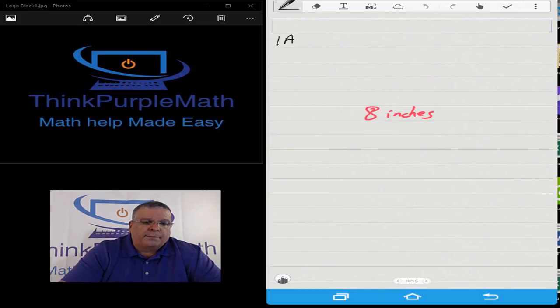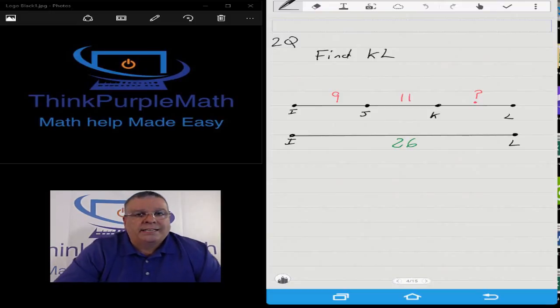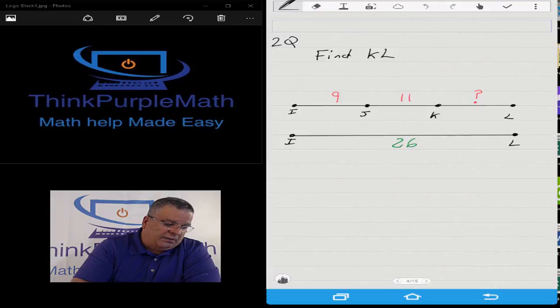So that's a look at segment addition, and now we're going to do a few more to help us understand a little bit better. Here's one. We have 3 segments joined together. The entire segment is IL, and it's made up of 3 segments, IJ, JK, and KL. The entire segment is 26.